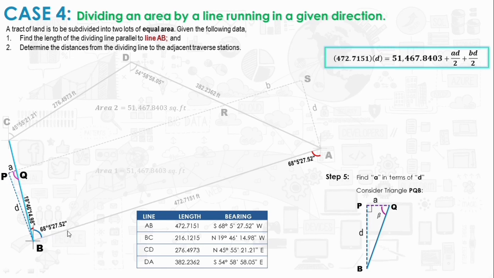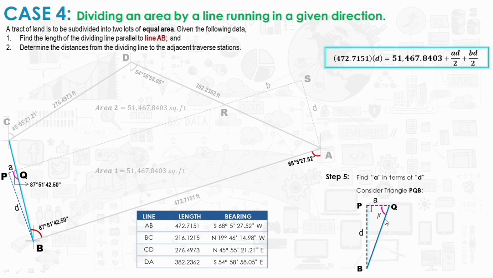Tama? So, if i-add natin yung dalawa, itong 19 degrees saka 68 degrees, magiging 87 degrees, 51 minutes and 42.50 seconds. So if this is 87 degrees, 51 minutes and 42.50 seconds, here's the angle beta, should be equal also to 87 degrees, 51 minutes and 42.5 seconds. So meron na tayong angle beta.